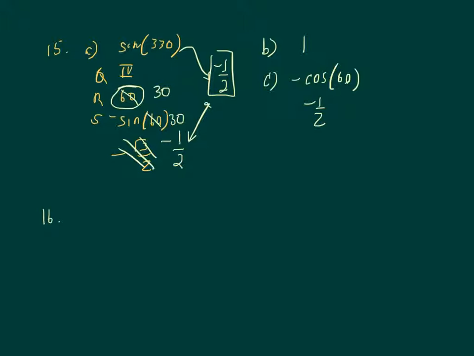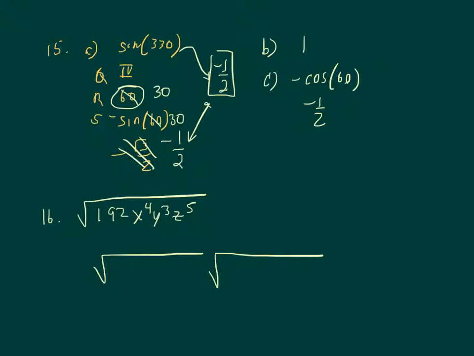So number 16 is a breakdown of a radical here, and this is something that some people still have some trouble with. So what we're going to do is make sure we break this up into 2 different groups. One is the perfect squares, and the other one is the non-perfect squares. So we look at 192. We know that's not a perfect square.